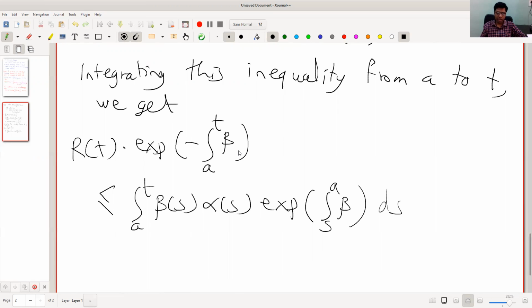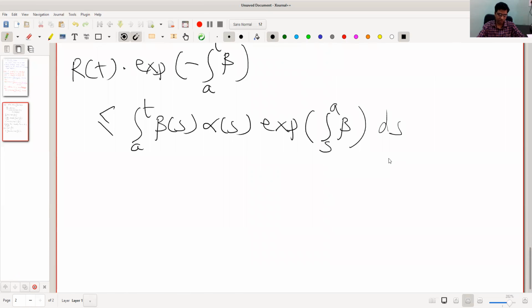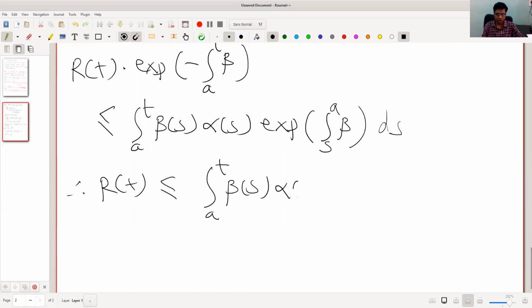We know that an exponential cannot be negative, so e raised to minus integral from a to t beta is always a positive number, and if we multiply this inequality by this number, the inequality will be unchanged. Therefore r of t is less equal integral from a to t beta of s alpha of s.